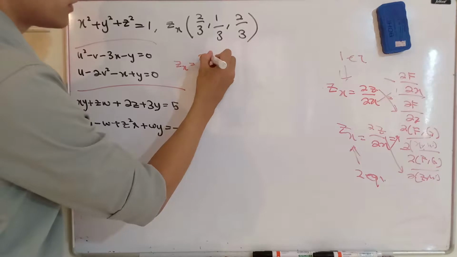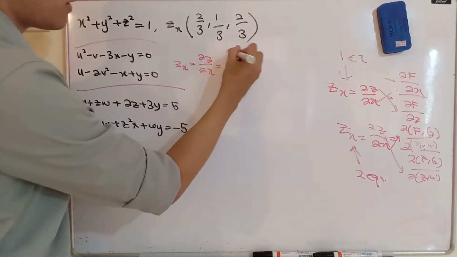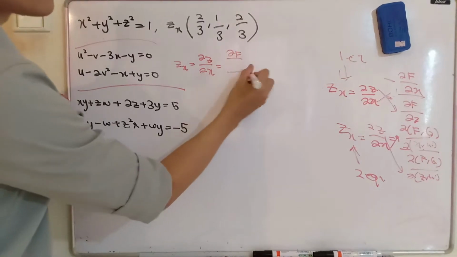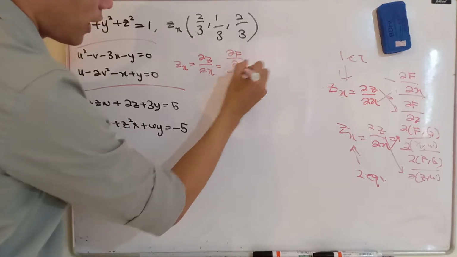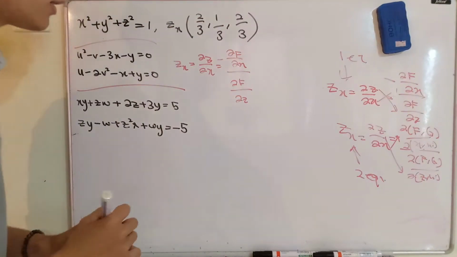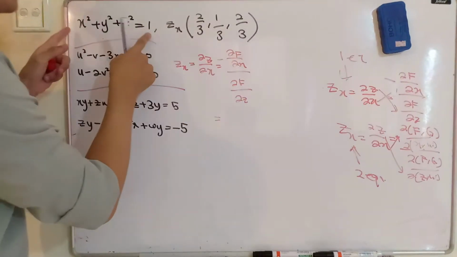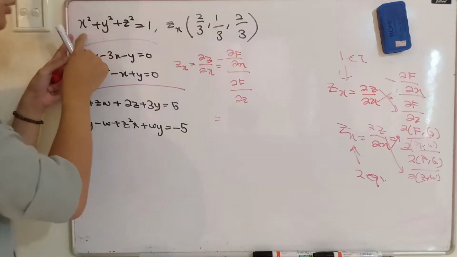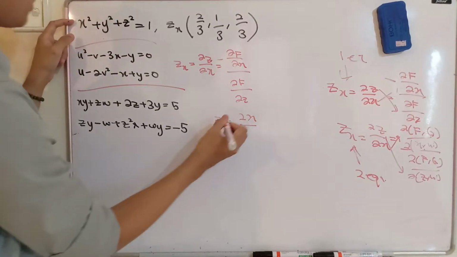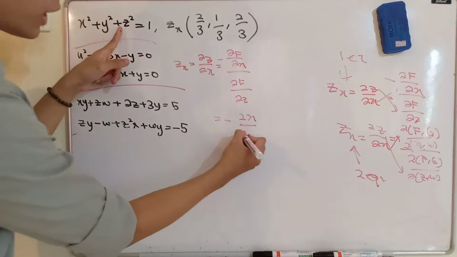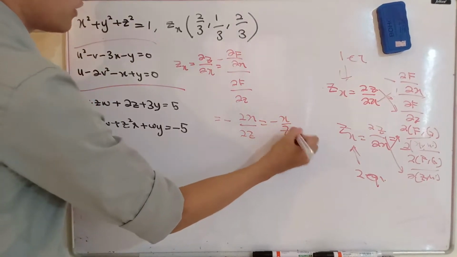So I have del z del x, which is del f del z del x, minus, again, negative over there. Now I take my function over here, then I differentiate with respect to x. What am I going to get? I'm going to get 2x. With respect to z, I'm going to get 2z. So the last answer is going to be x over z.